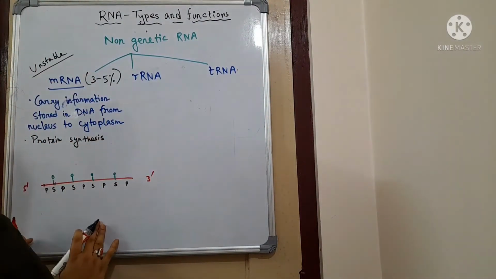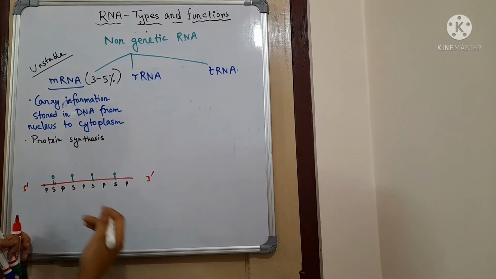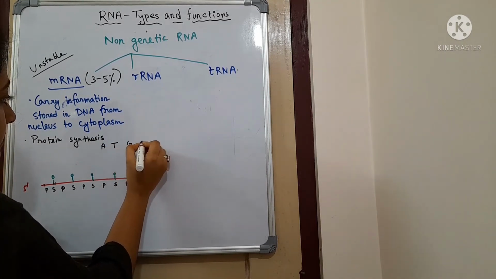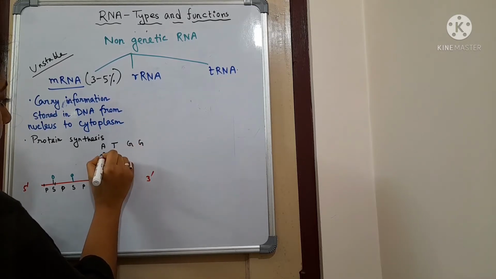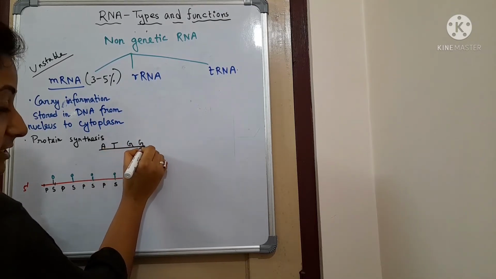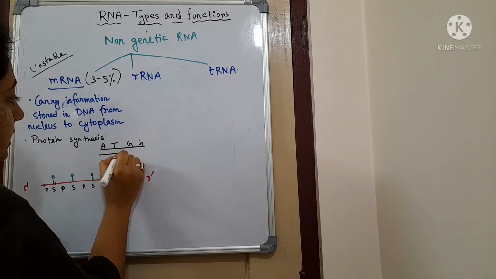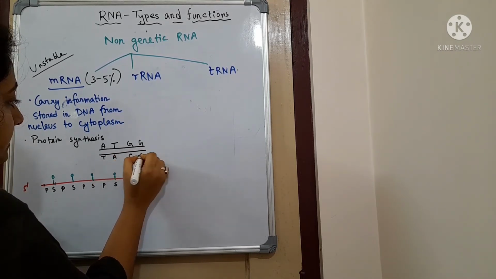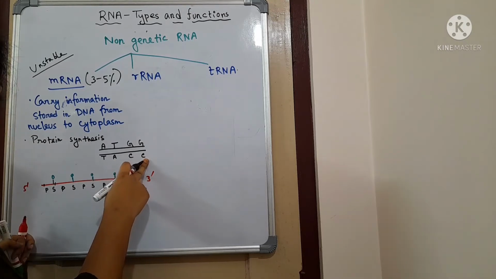Say, for example, there are bases like A, T, G, G present in one strand of DNA. Then on the other strand of DNA, there will be T, A, C, C. This will be the other strand of DNA.